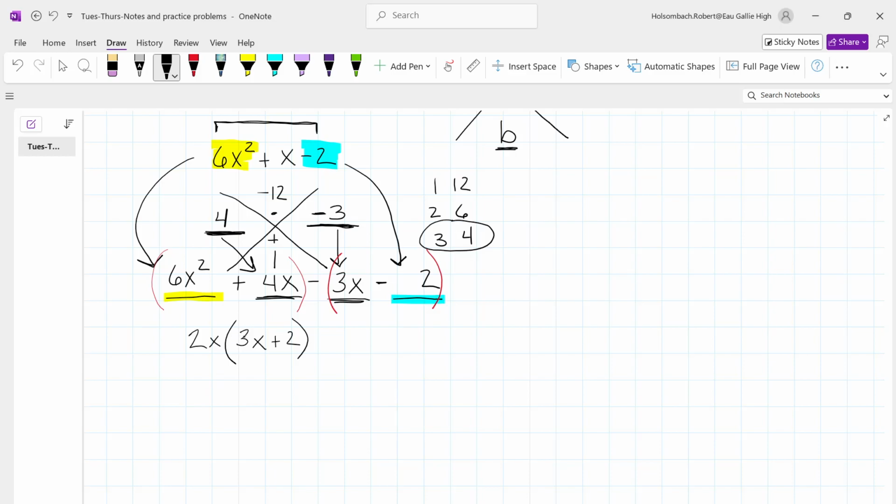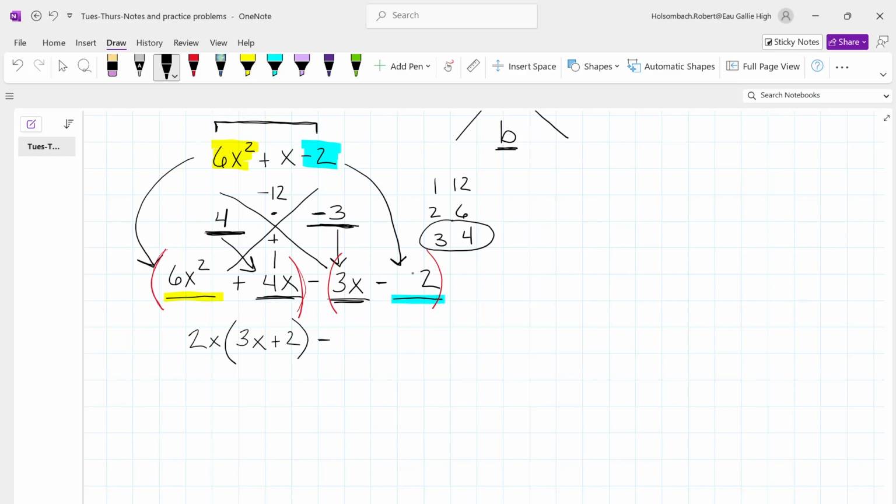Now, if you pulled the GCF out of this first binomial, if you pulled out the greatest common factor, then this 3x plus 2 is going to show up again when you factor this second binomial. So now we go minus. And what's the greatest common factor for 3x and negative 2?